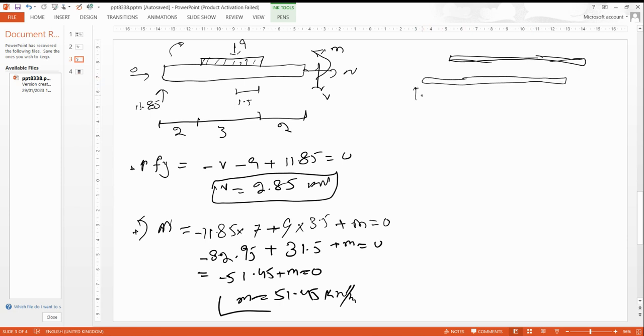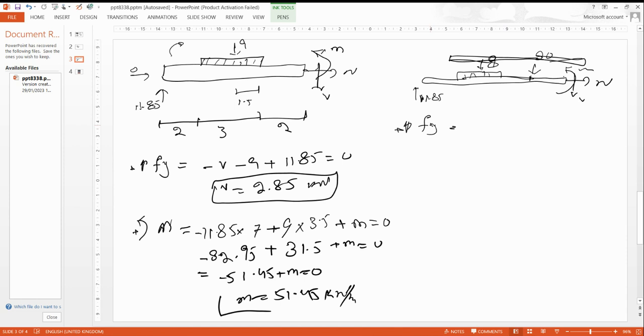Okay, here is 11.85. Here is the UDL, which is 9 kN per meter, and here is 2 meter, here is 20, and here is normal, shear and moment. Okay, let me apply the proper equation.